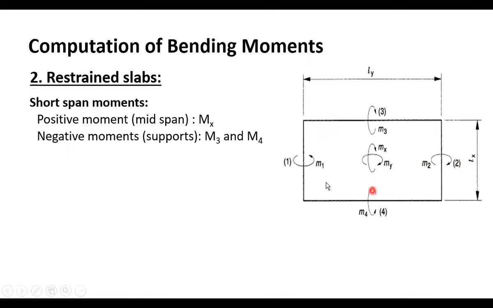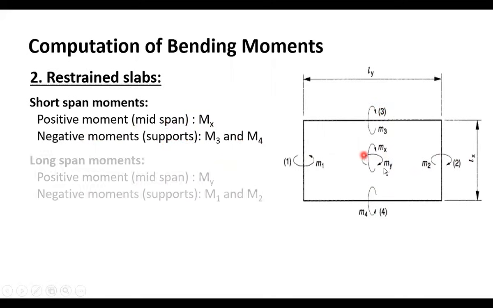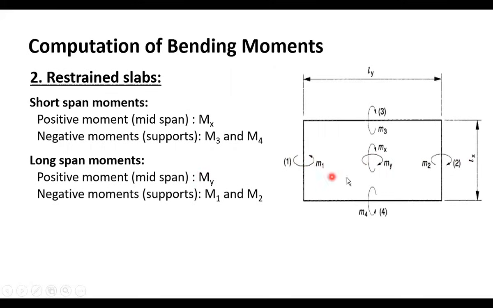In the short direction here, we have a positive moment at the mid-span, which is called Mx, this one. And then negative moments at the supports, which will be M3 and M4. So Mx, M3, and M4 are the moments in the short direction. Similar to these ones, we also have moments in the long direction. The positive moment will be called My here, and then 2 negative moments at the 2 edges, M1 and M2.